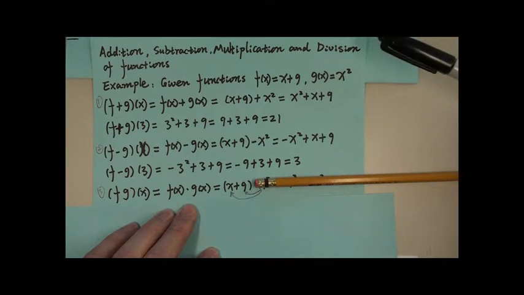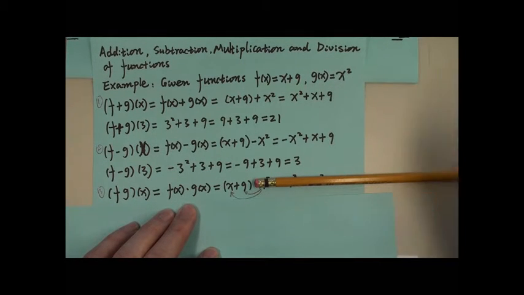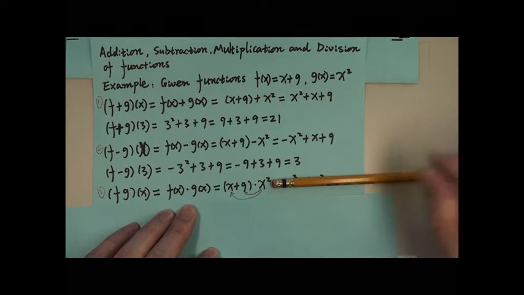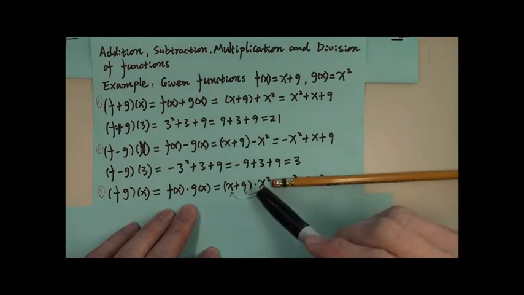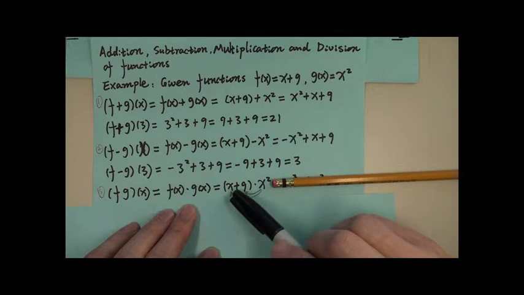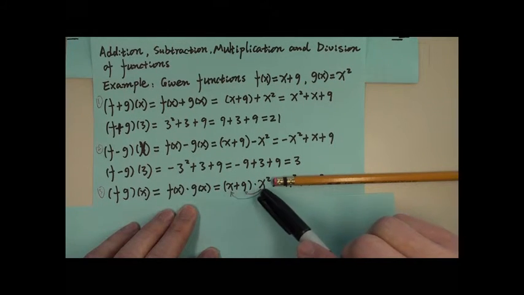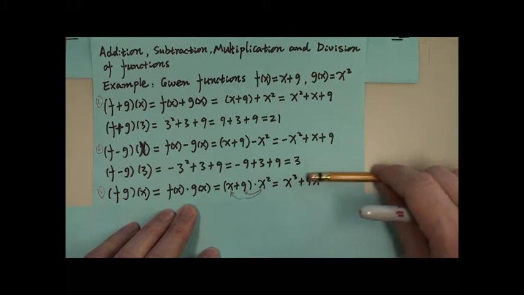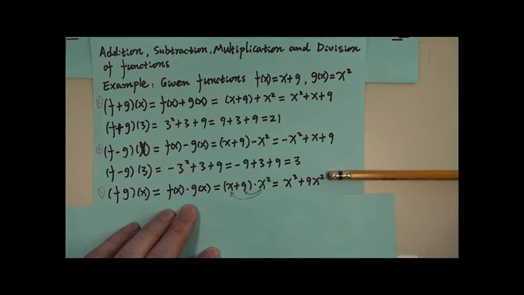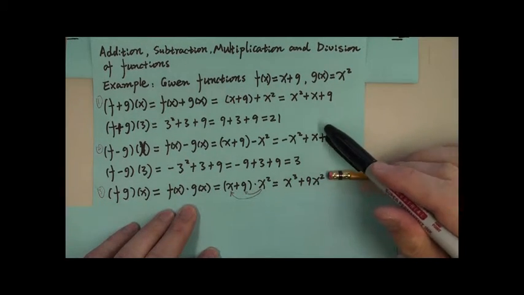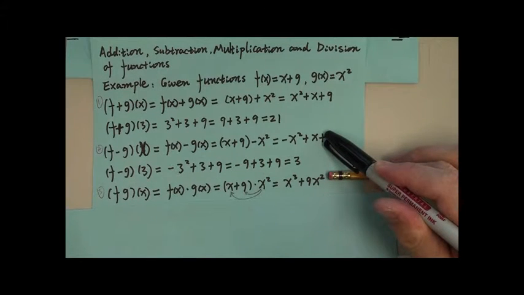And g of x is x squared. So you have x squared. Okay. And then remember x squared times the quantity is x squared times x, and x squared times 9. So that's the final answer.